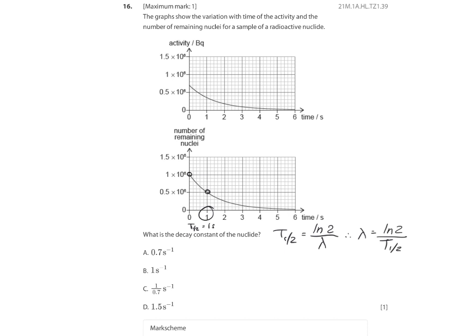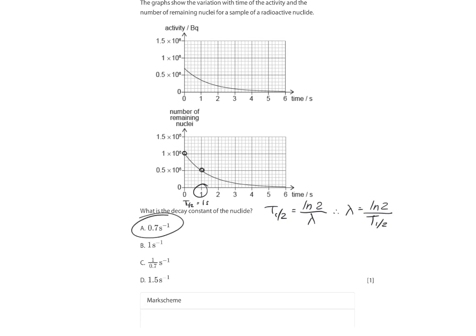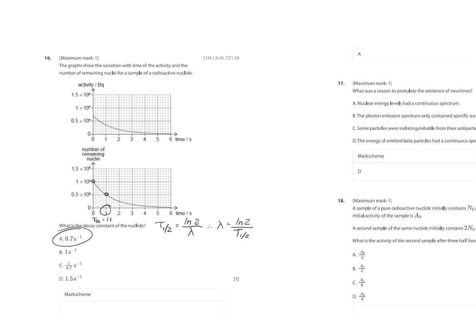And so lambda, the decay constant, therefore, is the natural log of 2 over 1, or just simply the natural log of 2, which is 0.7 seconds to the negative 1, which are the units for the decay constant, which agrees with the mark scheme, which is actually all the way over here because reasons.